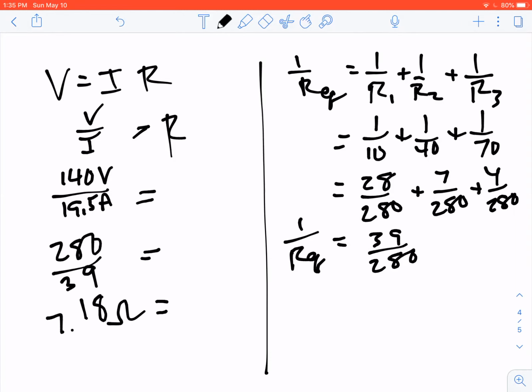Now you'll notice that this number here, 39 over 280, is 1 over this number here, which is what we expect because REQ should be 280 over 39 or 7.18 ohms.